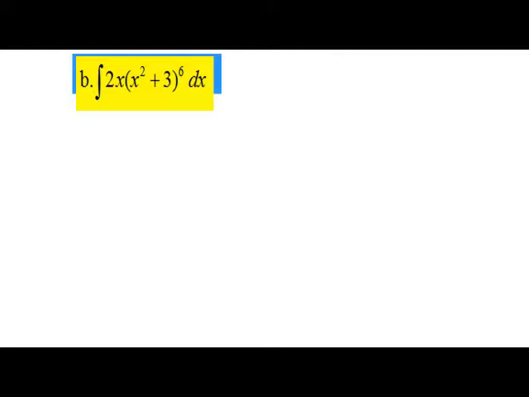First, we have to assume in this bracket x squared plus 3 as our f(x), and 6 here is our n. After we differentiate f(x) here, x squared plus 3, we will have 2x. So 2x here is our f prime x.